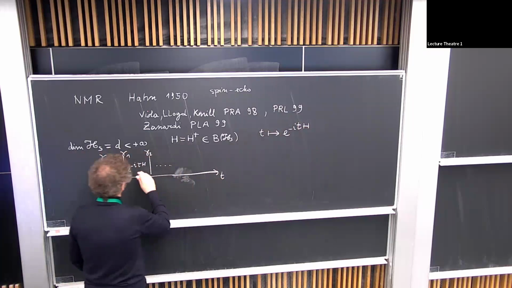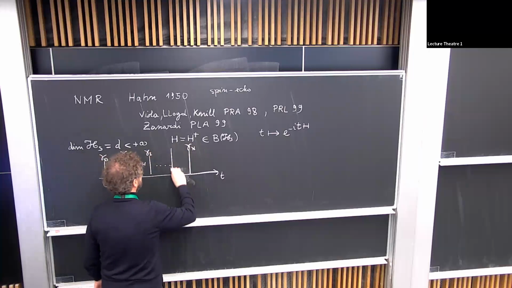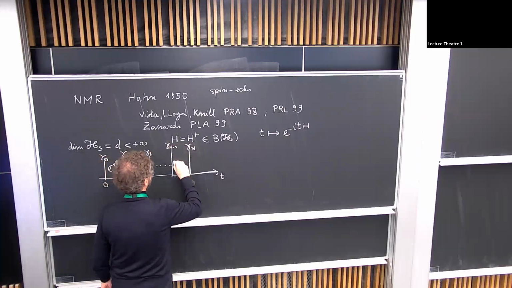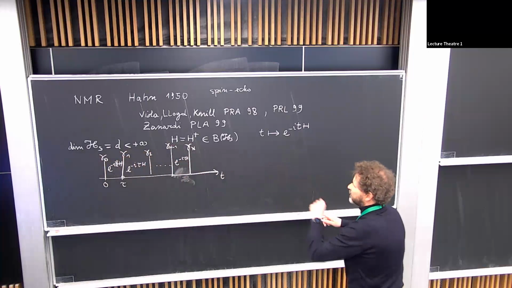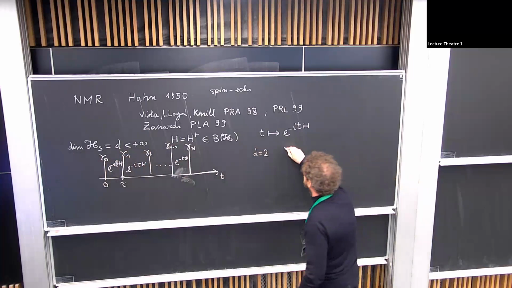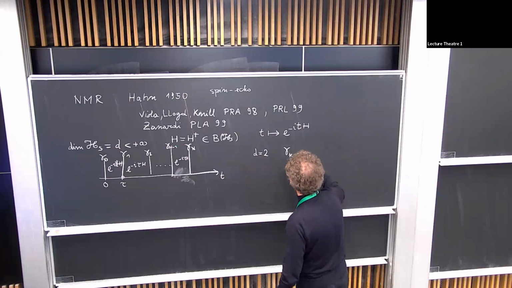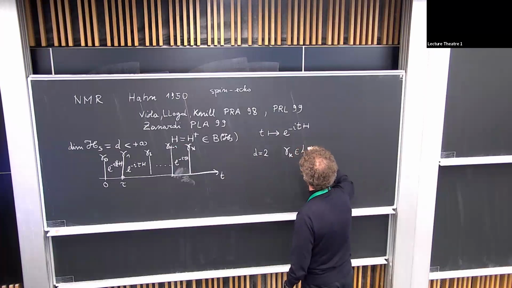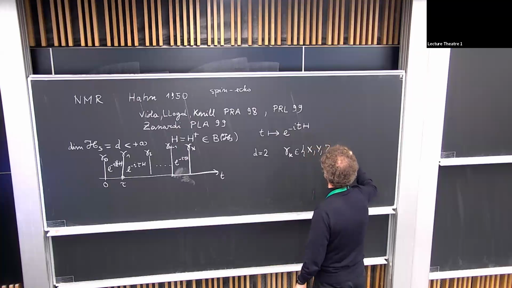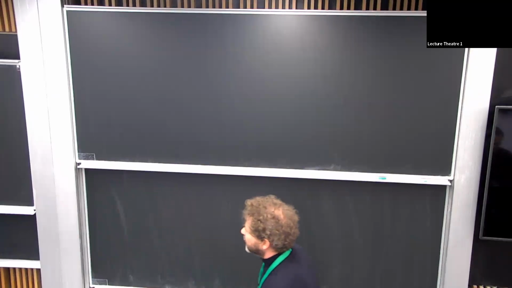You repeat this procedure, let's say with n pulses. For example, just think of a qubit, a spin, so d is equal to 2. In such a case, the pulses are unitary, and this can be, I don't know, sigma X, sigma Y, sigma Z, identity.